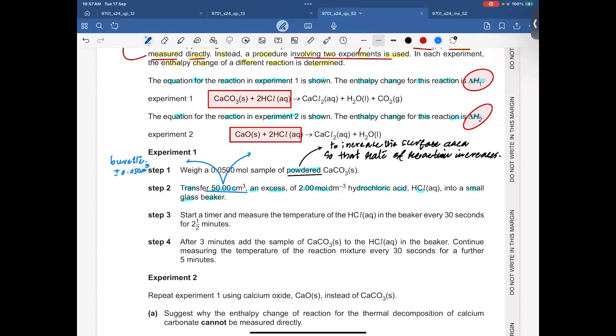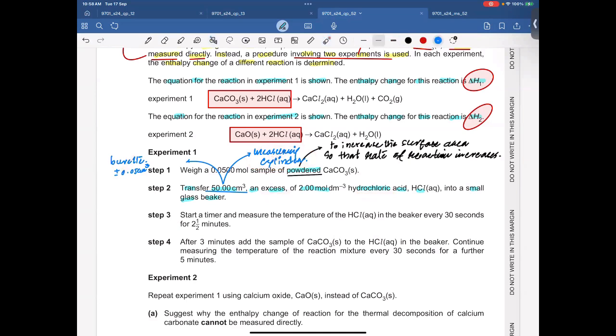The second one is a measuring cylinder. I've told you in previous papers, whenever acid is in excess, we don't need any accuracy in the experiment, and if the experiment doesn't demand accuracy, we can use a measuring cylinder. So I can use either a measuring cylinder or a burette to measure 50 cm cube.